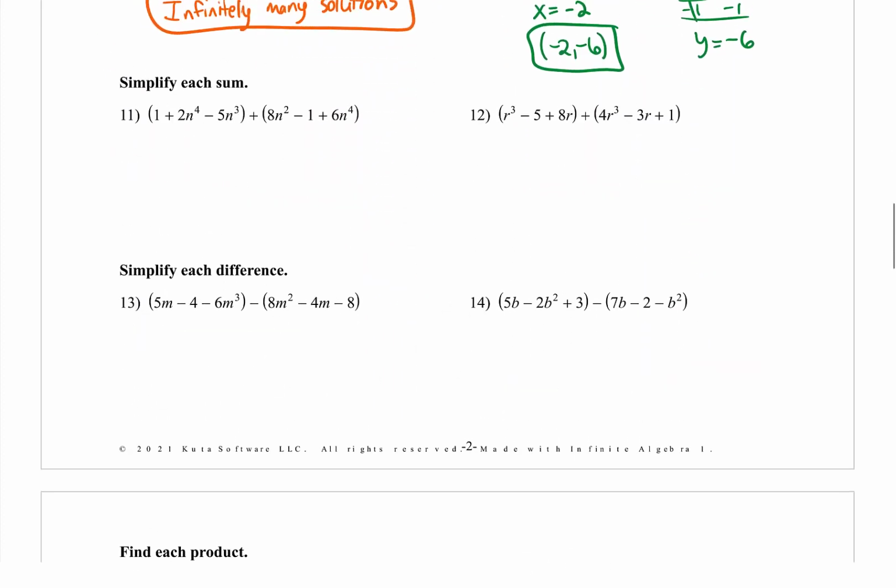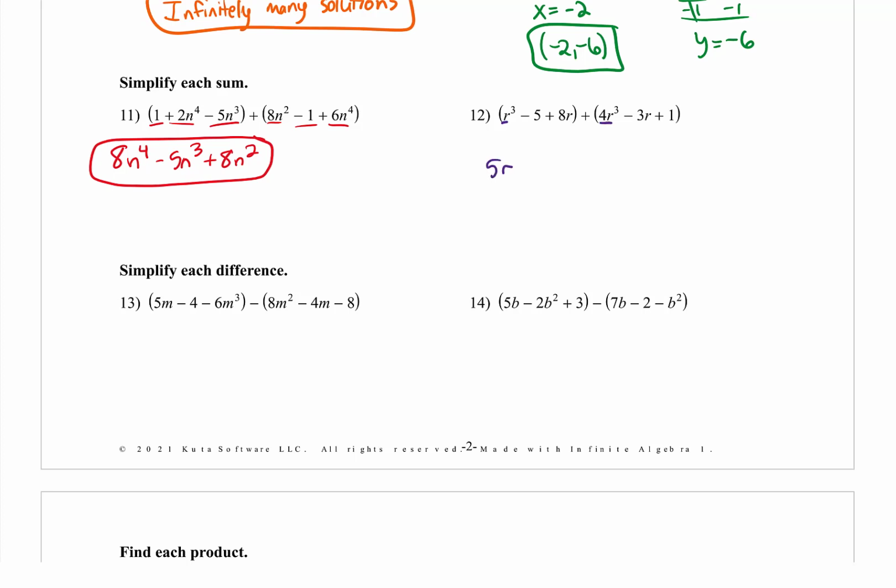So when we are adding or subtracting polynomials, we just want to remember that we are adding or subtracting like terms, and like terms happen when we have the same variable to a power. So these n to the fourths add together and get 8 n to the fourth. N cubed doesn't have a partner to add with, so it stays the same. 8n squared has the same issue, and then 1 and -1 actually cancel each other out.